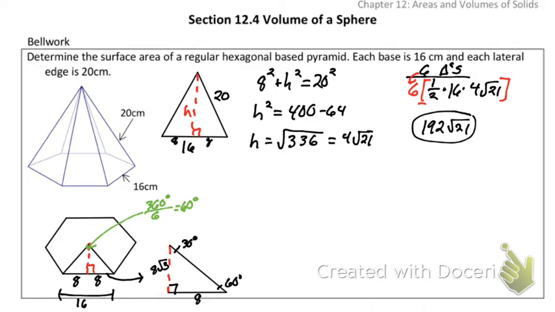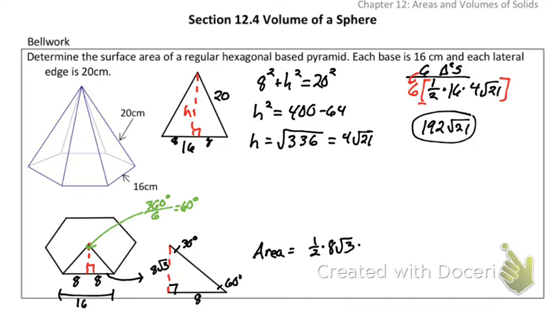Area of a polygon is half your apothem times your perimeter. Well, now I have an apothem, and I have this 16 plus 16 plus 16 plus 16 plus 16 would be my perimeter. In other words, our area for this one is going to equal 1/2 our apothem, which should be 8 square root of 3, times our perimeter.